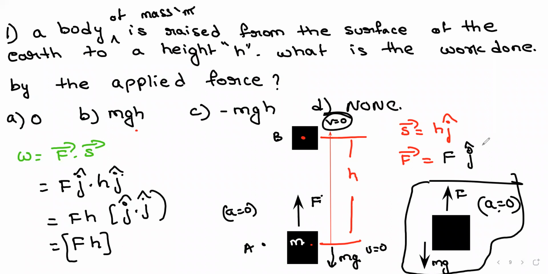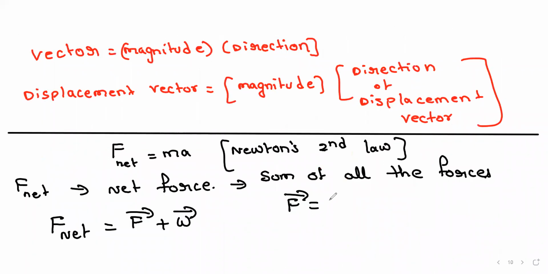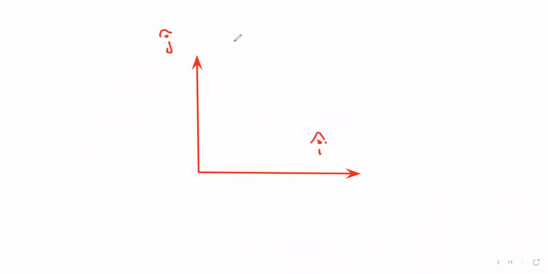Now can you tell me what is the applied force vector? Fj cap. What is the weight vector? Minus mg j cap, right? We know that F net is equal to ma and acceleration is 0.